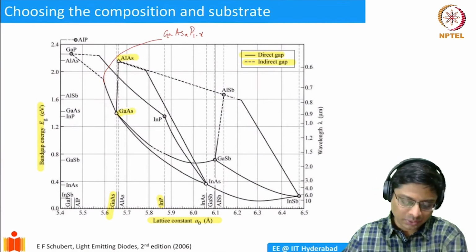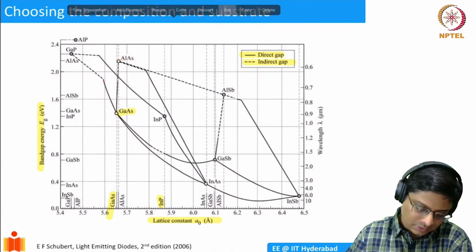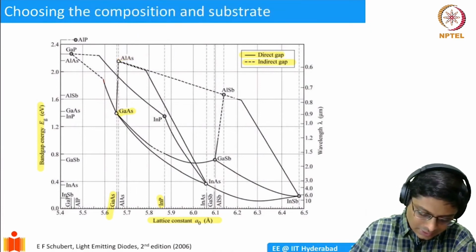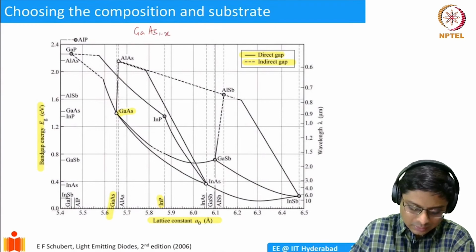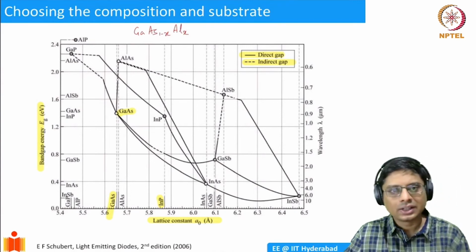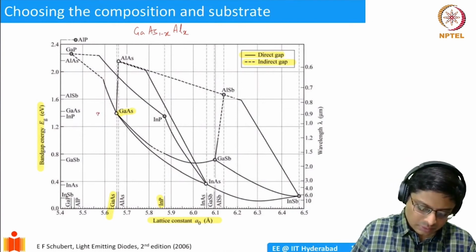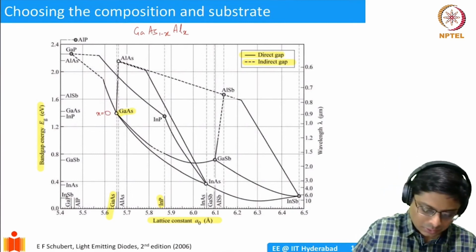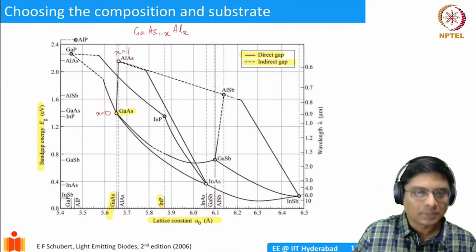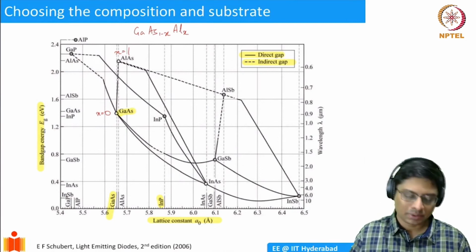So instead of that, I'll say gallium arsenic 1 minus X, aluminum X. I choose this combination. If I put X equal to 0, I get gallium arsenide. If I put X equal to 1, I get aluminum arsenide. If I choose somewhere in between, I get a different band gap.